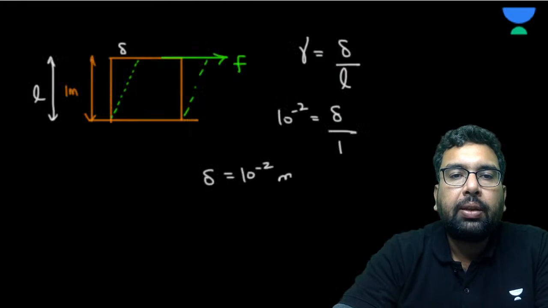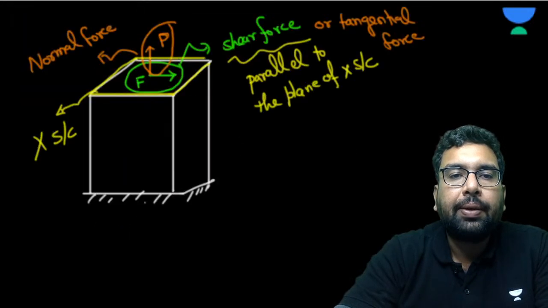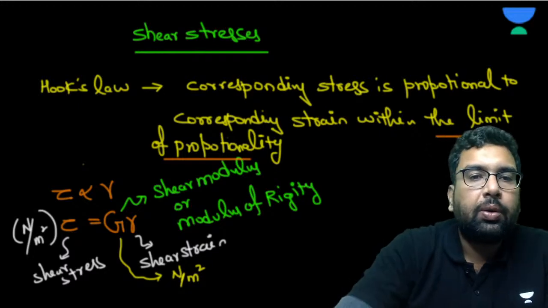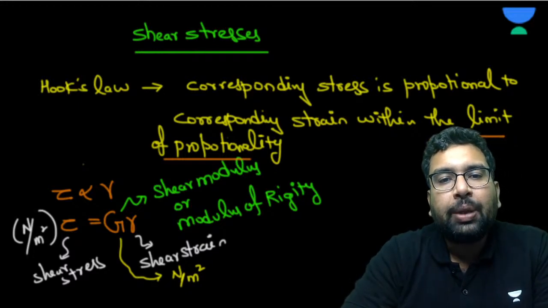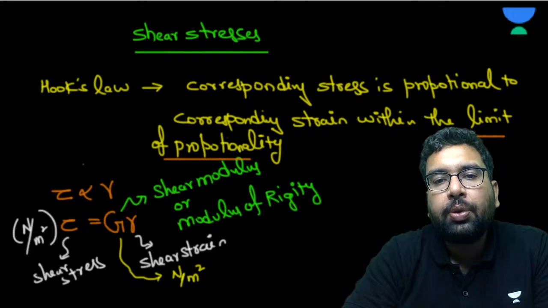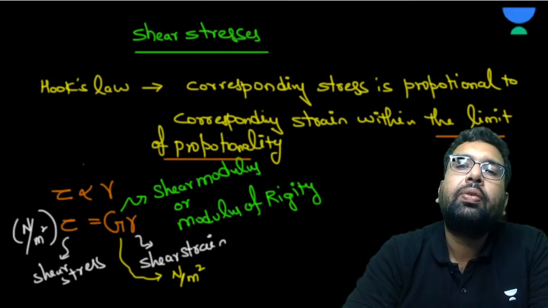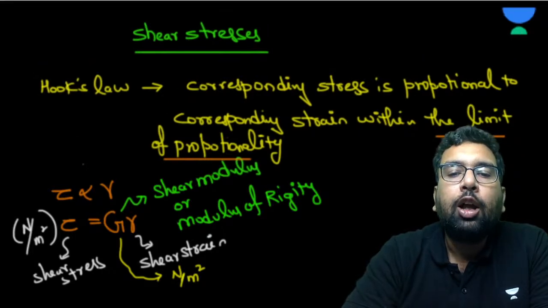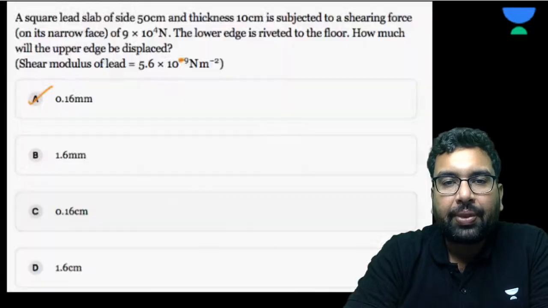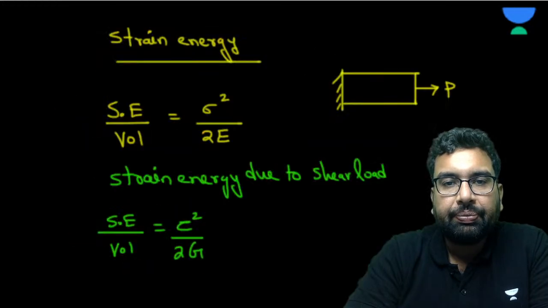So now, as we know, let me just copy this thing. We know Hooke's law, right? Basically, Hooke's law helps you relate the shear stress with shear strain, the normal stress with normal strain, and similarly the volumetric stress with the volumetric strain.